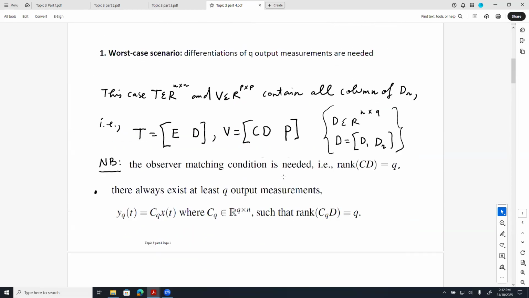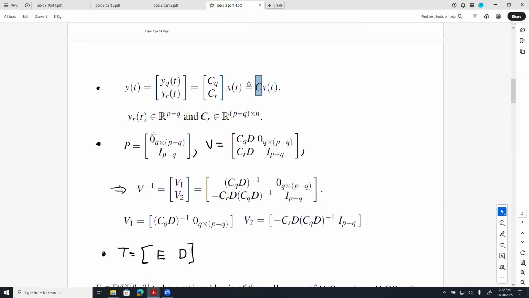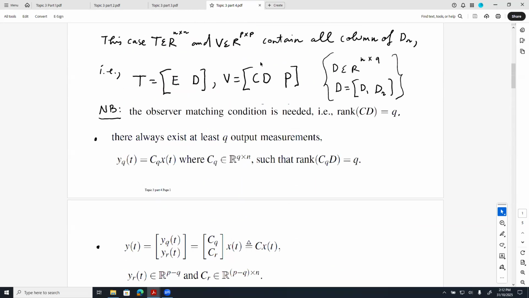So in our decomposition, just like what we did earlier, we define this P matrix. By the way, in here, this C matrix is of the canonical form. And so we introduce this invertible matrix V to be basically that one there.